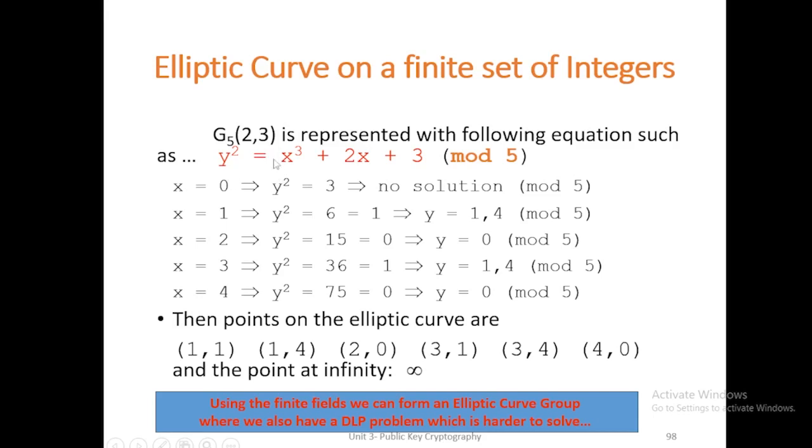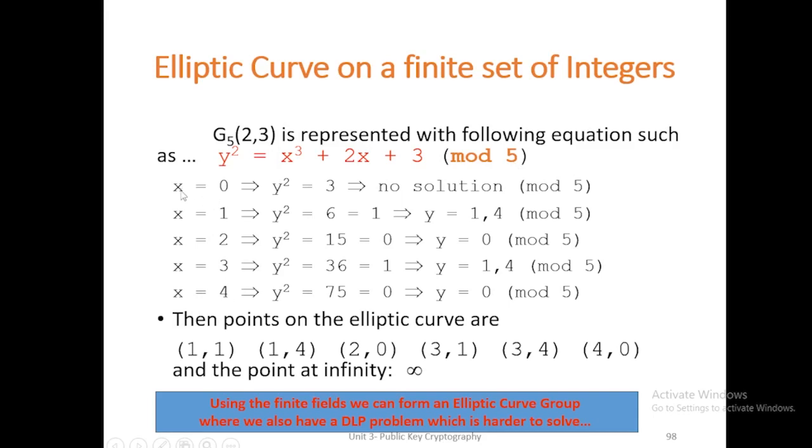So consider and substitute the a value as 2 and the b value as 3. The equation is y squared equals x cube plus 2x plus 3, and the resultant value should undergo a modulus operation. So I am writing mod 5 here. What are the remainders of 5? From 0 to 4.